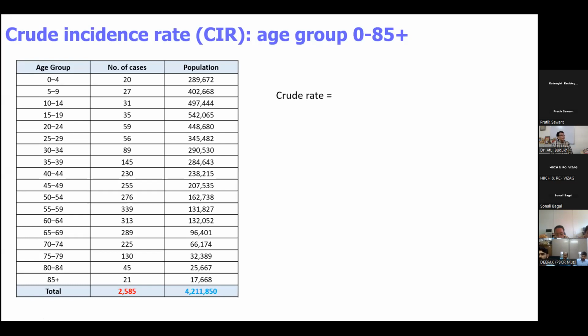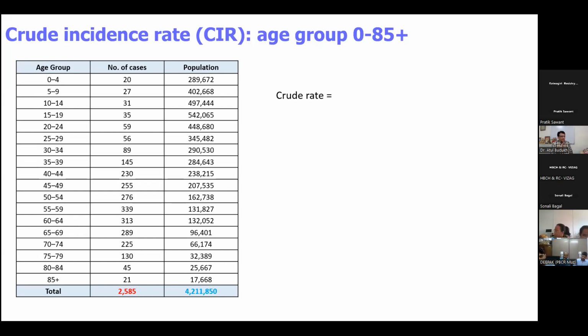So you have seen this table: age groups 0 to 4, 5 to 9, 10 to 14, 15 to 19, 20 to 24, and up to 85. This age group is available with the cancer patients, in your proforma. You can take the number of cancer cases by age group from CanReg5.